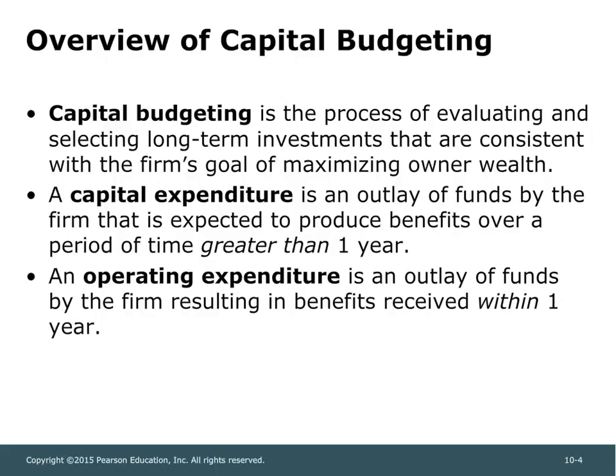So capital budgeting is looking at these long-term investments. A capital investment is distinguished from shorter-term expenditures like operating expenditures, which are a couple things. One, they tend to be relatively within short horizons, maybe within a year, and also they're more normal, ongoing, planned.